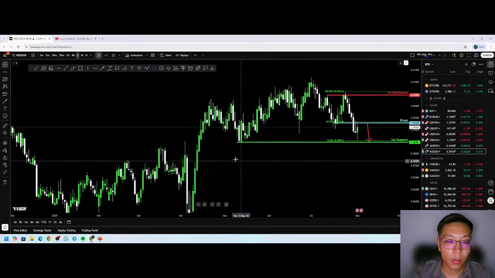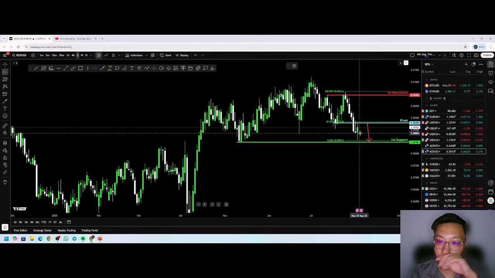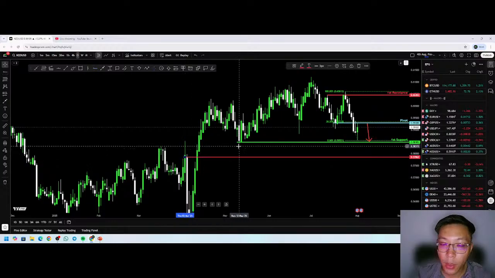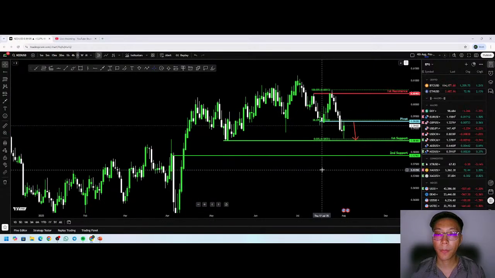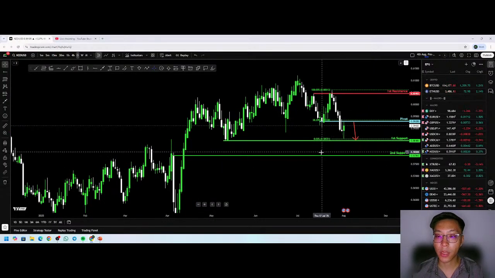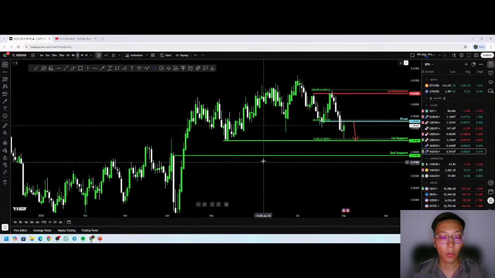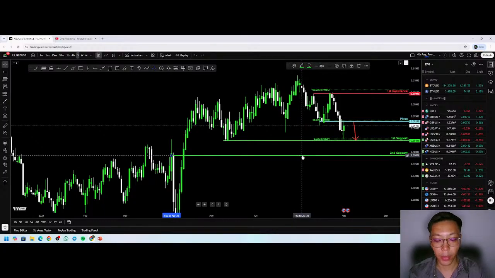So I think for NZD USD, there are two levels. Price could potentially continue to fall past this first support level to come towards the second support level over here. So these are two levels that NZD USD could potentially fall below: first support and then the second support.